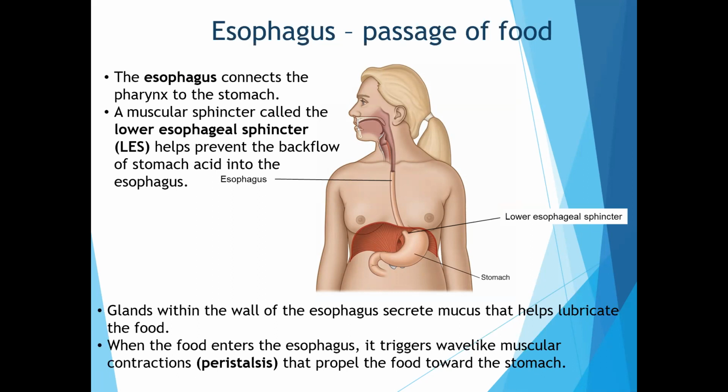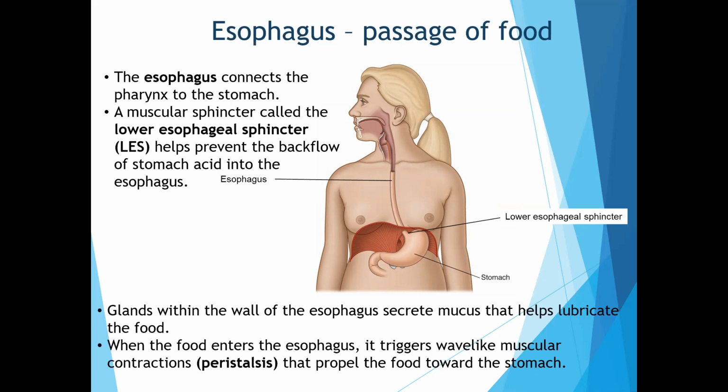We have a couple different sphincters, which are muscular rings that open and close to help control the passage of food. The first sphincter we get to is the lower esophageal sphincter, the LES. The primary job of this is to prevent backflow of stomach acid into the esophagus.